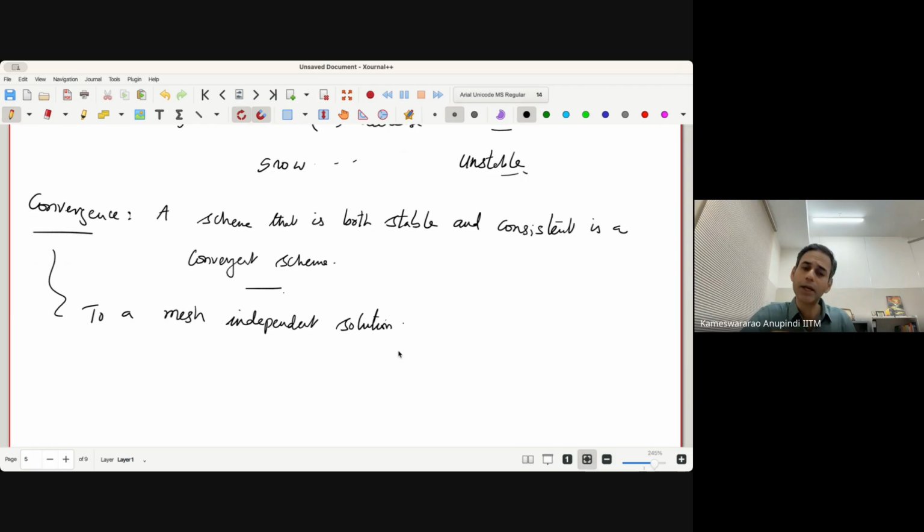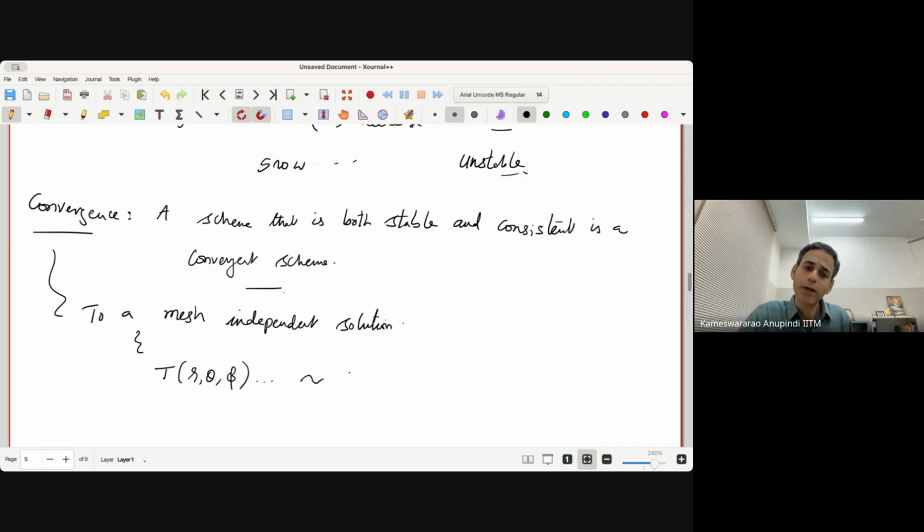Let us say you are working in a complex geometry, trying to calculate the heat distribution in a battery cell, or the thermal load on a brake drum or brake element. In all those cases you will not have an exact solution, so you have to rely on some kind of mesh.